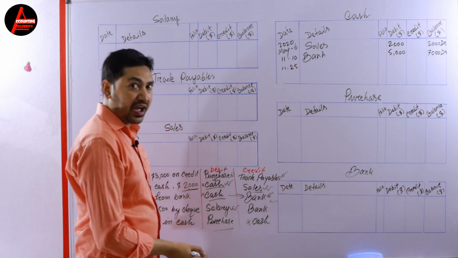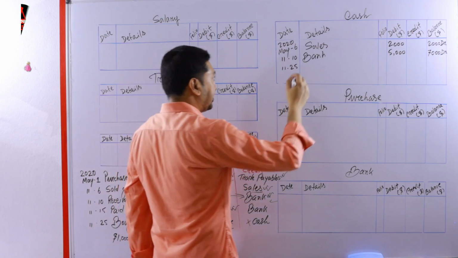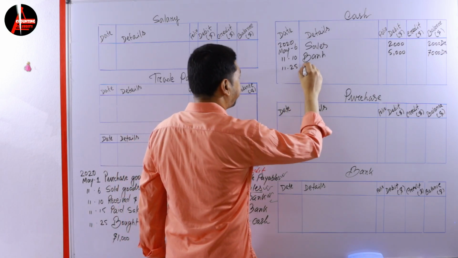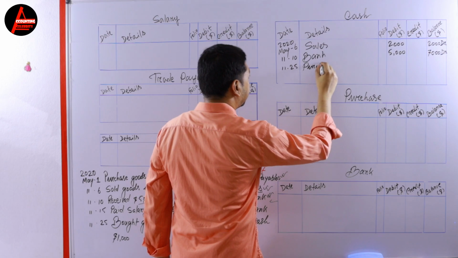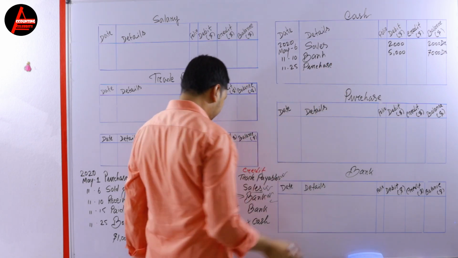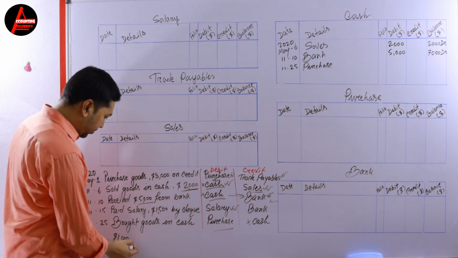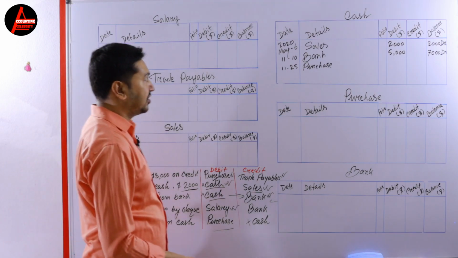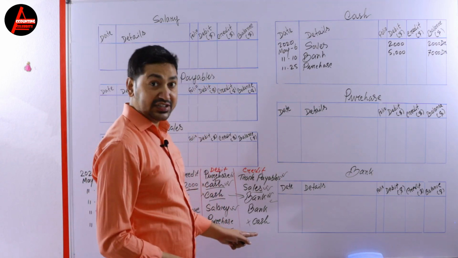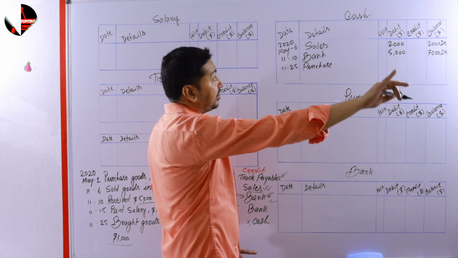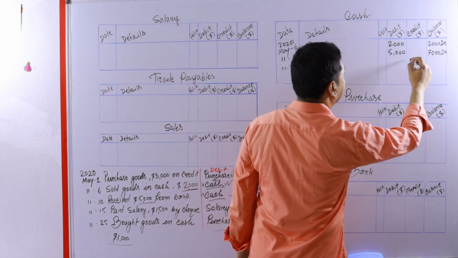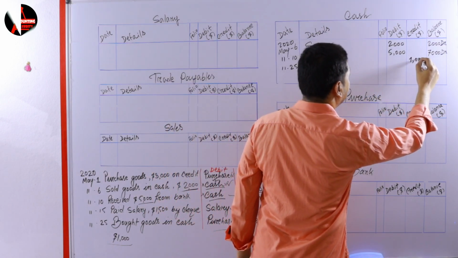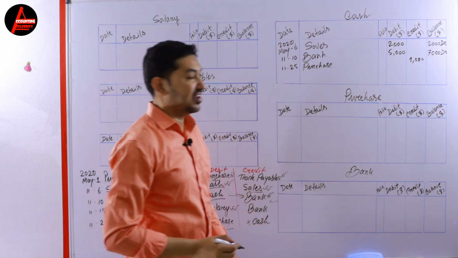You cannot write cash, you have to write the opposite one, which is purchase, and the value of purchase is what? $1,000. So here cash is credit, so you have to write the money on the credit side. So look here in the credit side.